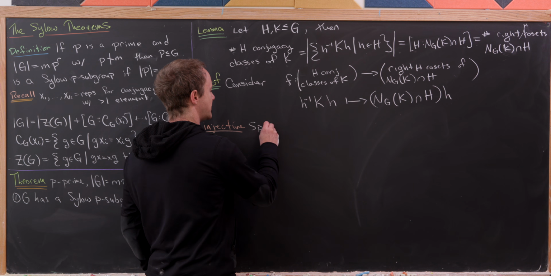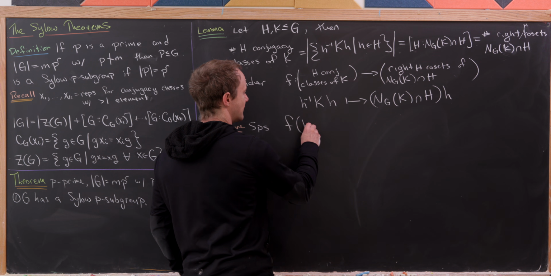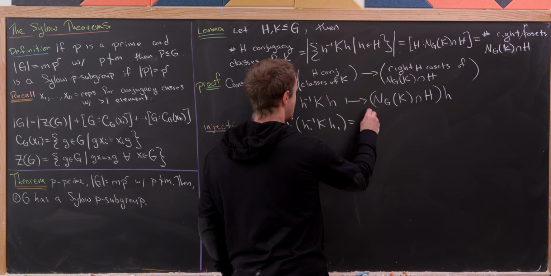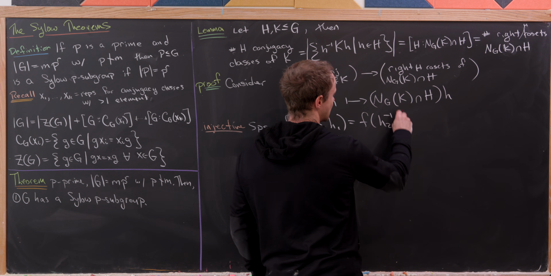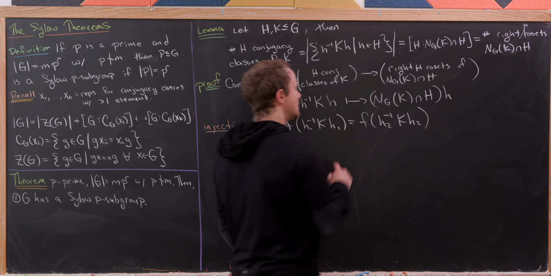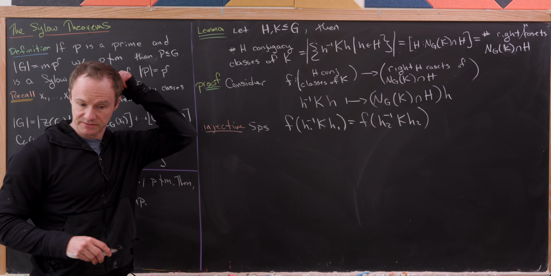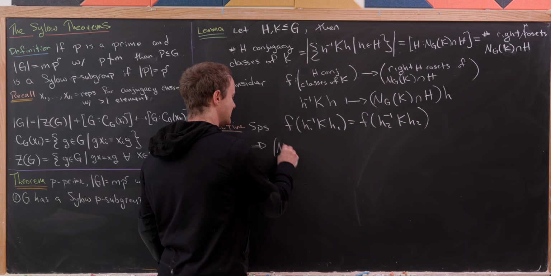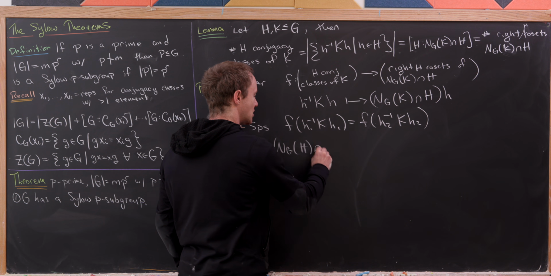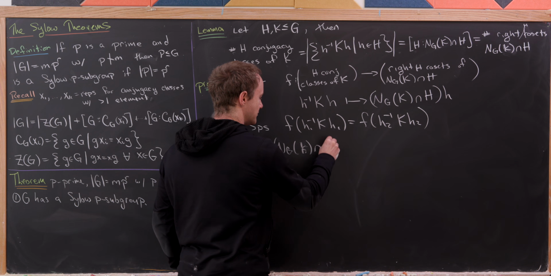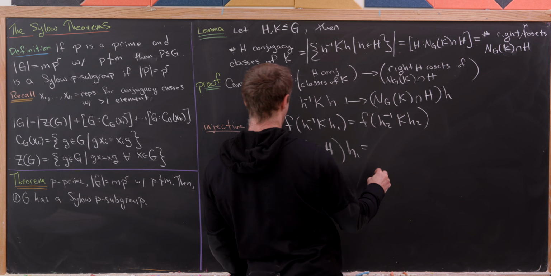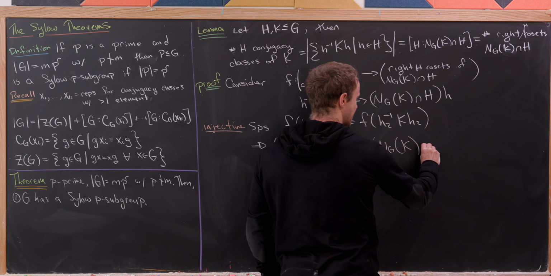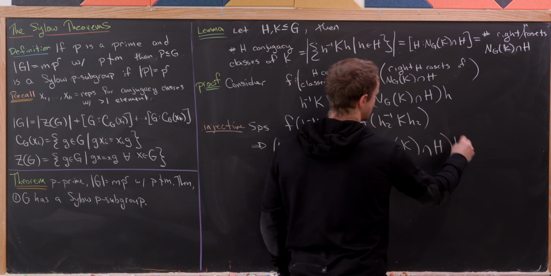So let's suppose that we have f of h1 inverse k h1 is equal to f of h2 inverse k h2. So those two conjugacy classes. But let's observe by the definition of our function, that means the corresponding cosets are the same. So let's get those cosets written on the board. So we've got this normalizer in G of k intersected with h, h2 coset.